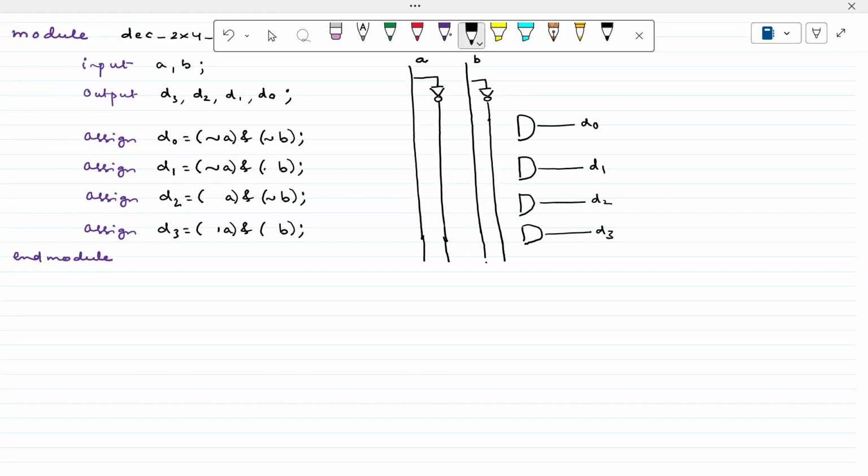So simply we can write here: this one is connected here. This one is connected here, and of course, sorry, this is also connected to this one. Similarly, B is required here, and A bar is required here.